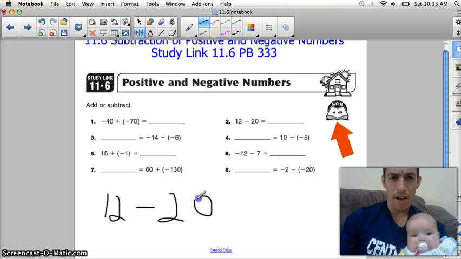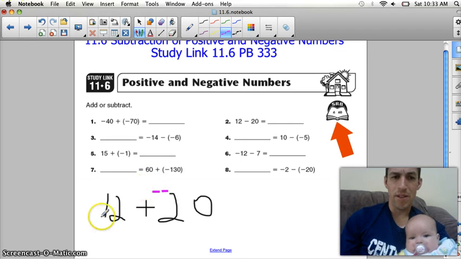If you have 12 minus 20, we never like subtraction problems. So what I always want to do is turn it to an addition problem. And if I'm going to turn it to an addition problem, I have to change the second number. If it was a positive, I'll change it to a negative. If it was a negative, I'll change it to a positive. So it was a positive, now it's a negative. So 12 plus a negative 20 is going to give me a negative 8.